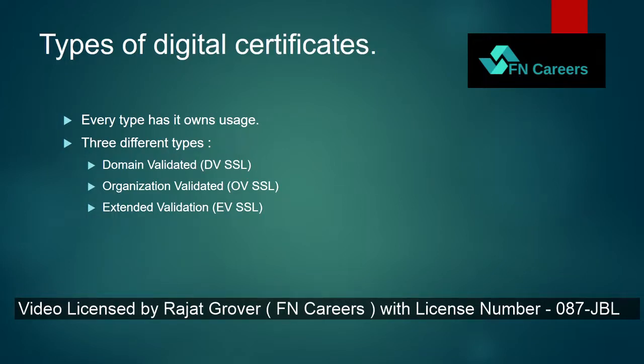The next one will be extended validation, or EV SSL certificates. Those are issued only after the applicant is able to prove their identity, and this is to the satisfaction of the certificate authority.